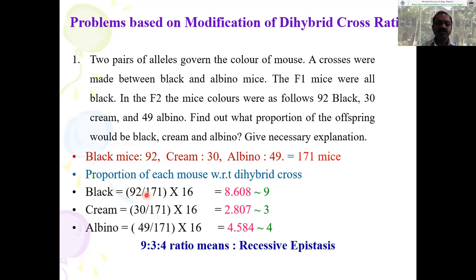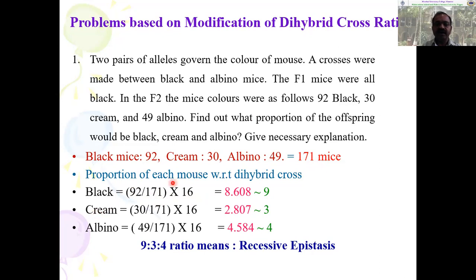So 92, the number of black mice or this particular phenotype, divided by the total number of mice, multiplied by 16. This calculation comes to 8.608.